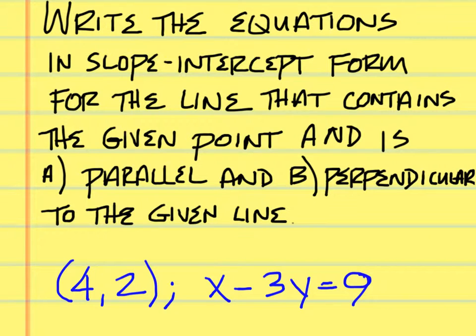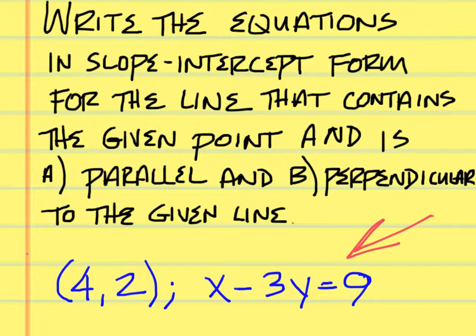Write the equations in slope-intercept form for the line that contains the given point and is parallel and perpendicular to the given line. This means you have two equations to find. The problem gives you this equation.